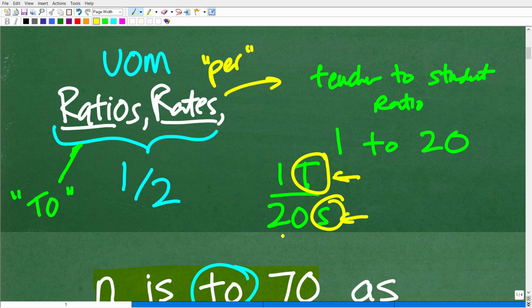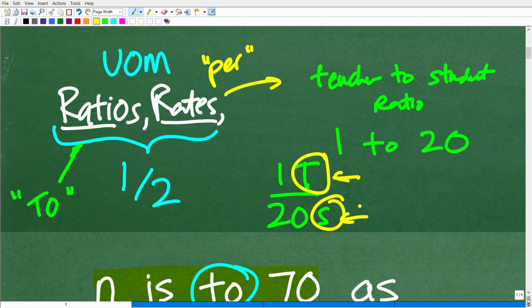So again, when you have a fraction and we're comparing two numbers where the units of measure are the same, or we're counting the same thing, here we're counting people, then we're dealing with ratios. All right, so that's just a quick review of ratios and rates.